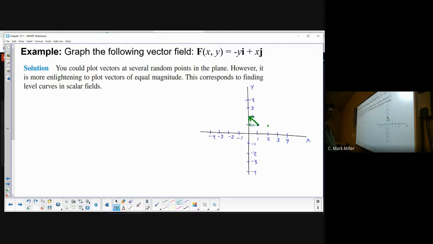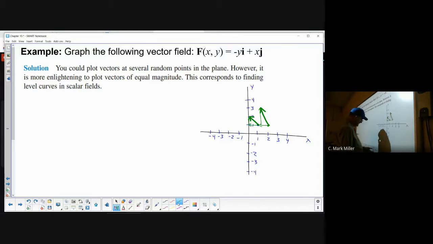So it's going to be negative 1 in the x direction, which is that way, and positive 2 in the y direction, that way. So the sum of those two vectors is like this. So those bold vectors are our vector field.